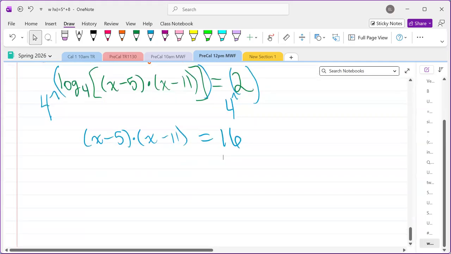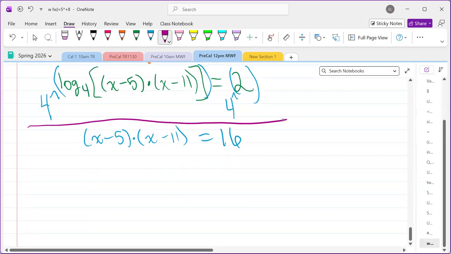It's really tempting looking at this line to say, oh, x minus 5 equals 16 or x minus 11 equals 16. No, that does not work, because there's more than one way I can multiply stuff to get 16. There's an infinite number of ways, in fact. I need this to equal 0. 0 is the only magic number that I can set things equal to.